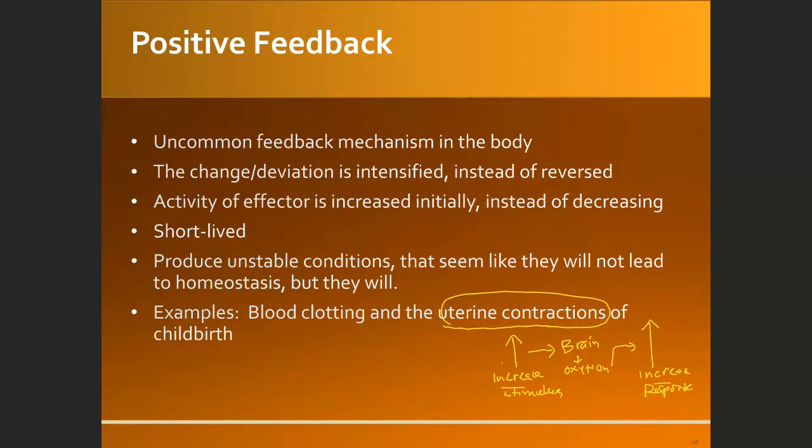It stops, as in this example, after delivering the baby. When the baby is born, the contraction will stop. So this is an example of a positive feedback system, and again, it's very rarely used by our body.